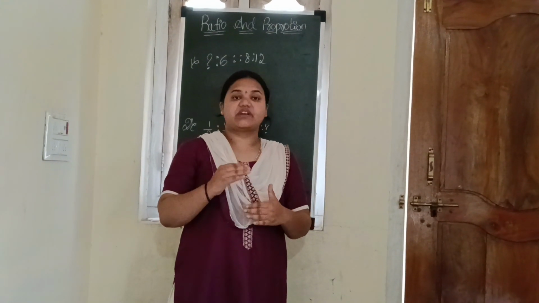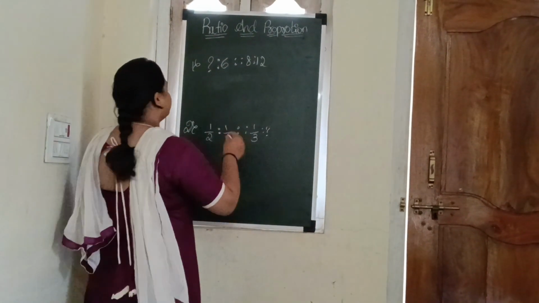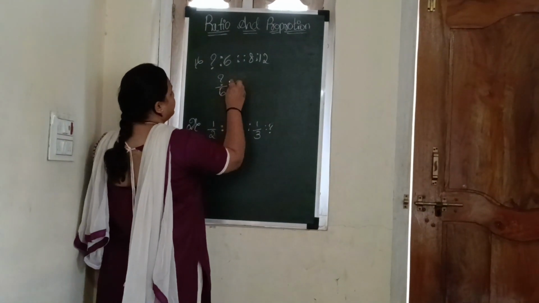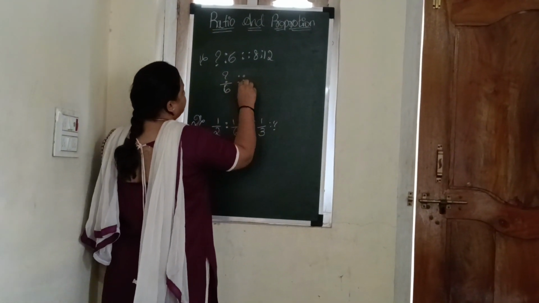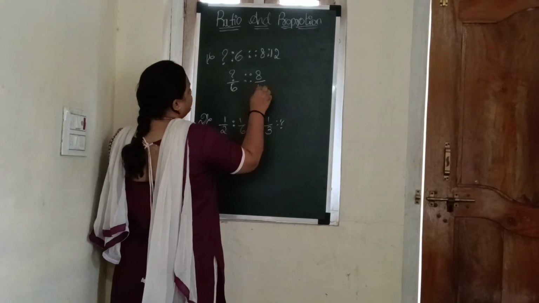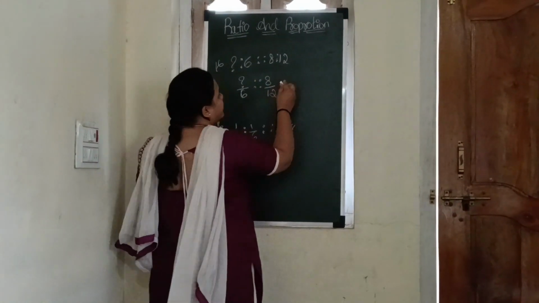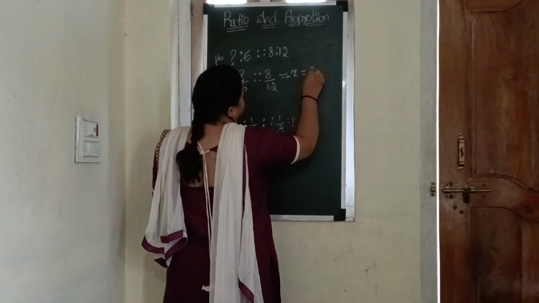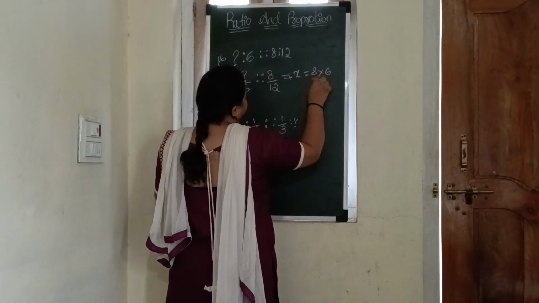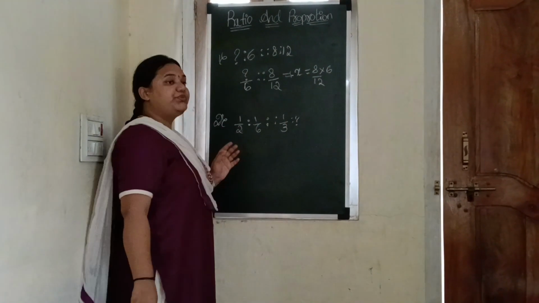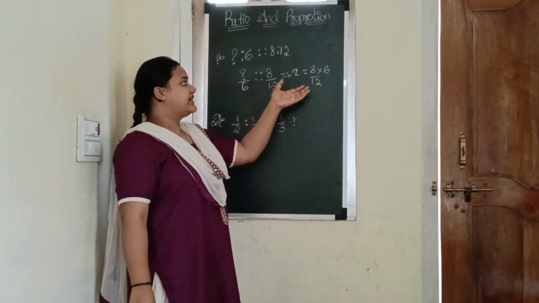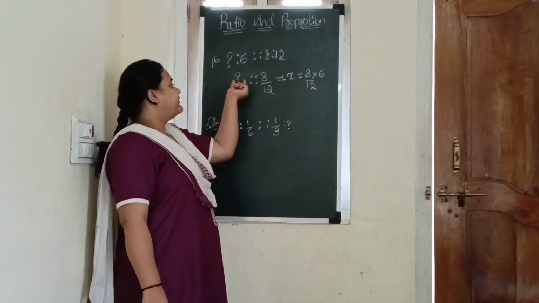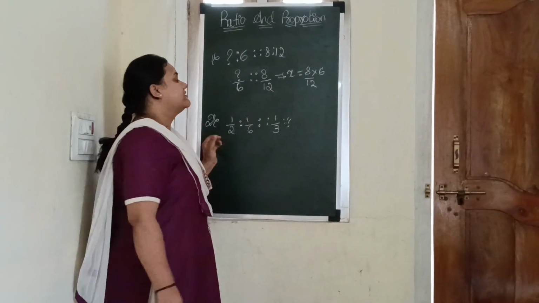So we have to first write it in a fraction form. x is equals to 8 into 6 by... I hope you'll be able to understand if I write the next steps. So I have taken 6 to that side, and I have assumed this question mark as x.